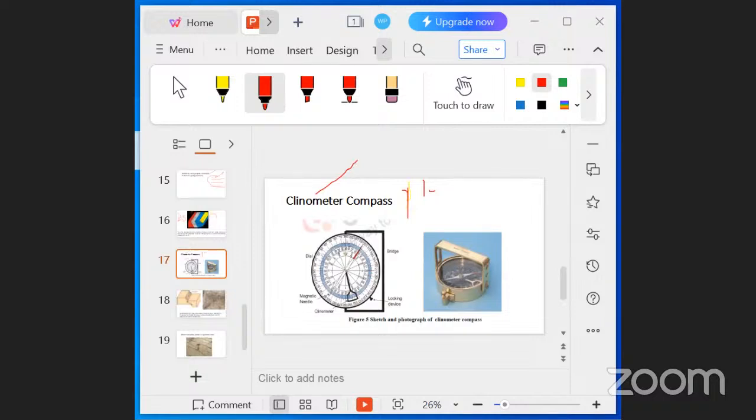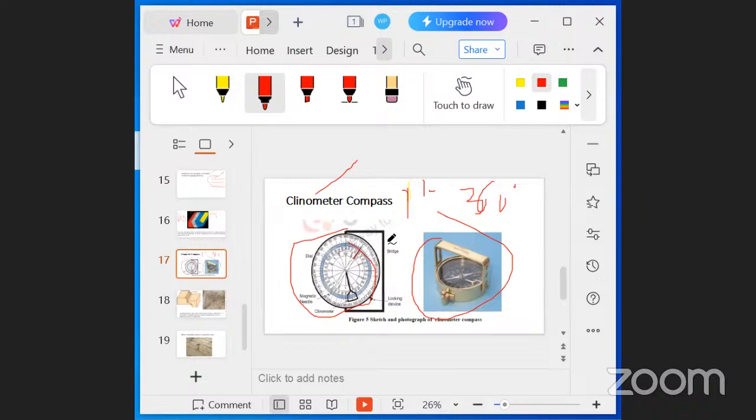The clinometer compass consists of a compass and clinometer, right? The compass has a circular dial, a round dial, which is anti-clockwise graduated with 360 divisions in the outermost circle for reading the direction, right?